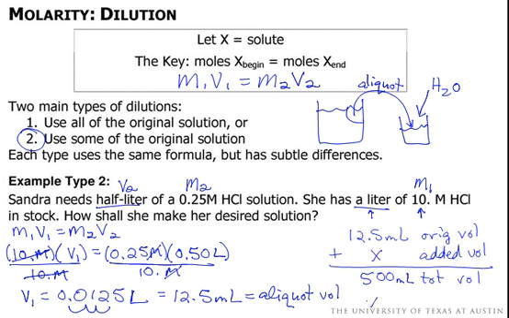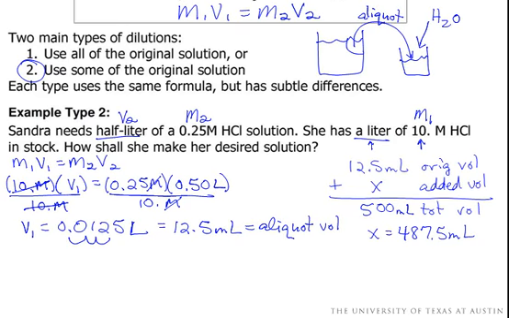I solve for x, and I get that x is 487.5 milliliters. So what do I see?